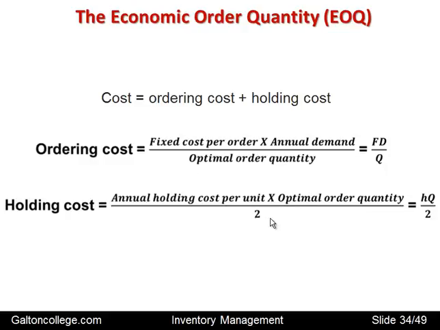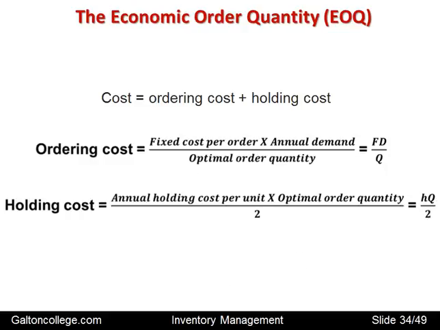The company will be holding the average quantity over a long period, so we divide by 2, just as I've done with the diagram earlier. So we have the holding cost per unit times the optimal quantity divided by 2.